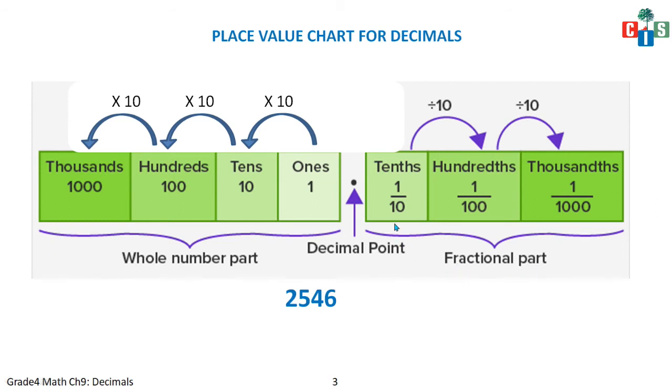It is 0.01, then 0.02, 0.03, 0.1, 0.2, 0.3, 0.4, 0.25, 0.75, 0.95, 0.96, 0.97, 0.98, 0.99 plus 0.01 will give you the one whole number. Are you clear? एक पूरा नंबर नहीं है ये.